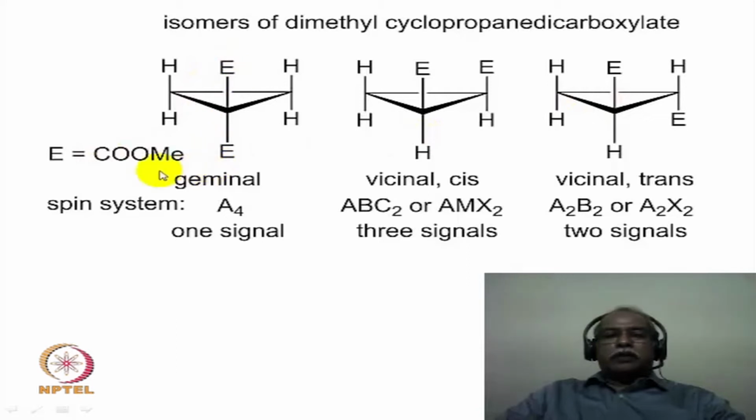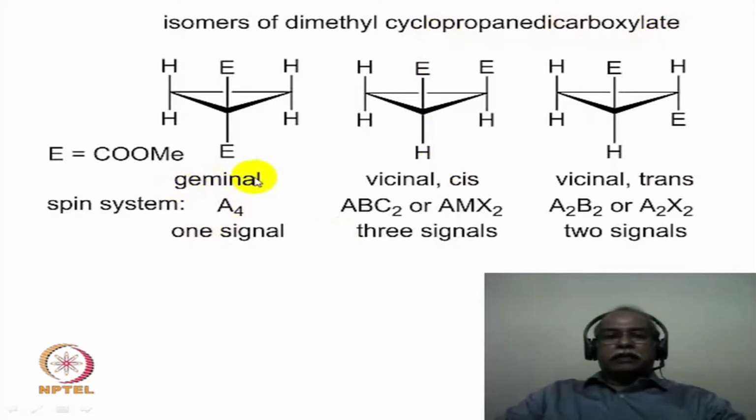The E group is essentially the COOMe group. Just for convenience, I have represented the COOMe as the E group here. So this is a geminal diester, this is a 1,2 cis diester, and this is a 1,2 trans diester. These are the 3 different types of isomers possible for the dimethyl cyclopropane dicarboxylate.